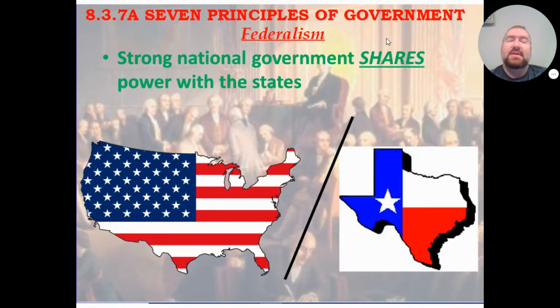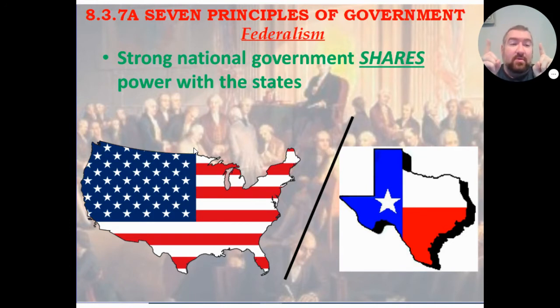Federalism. As I said, federal means a strong national government. So federalists want a strong national government. Federalism refers to a strong national government that shares power with the states. So that means that in some cases they have two totally different powers. For instance, when it comes to law enforcement, the federal government has the FBI.